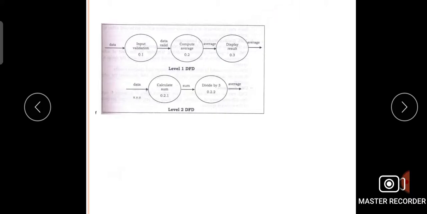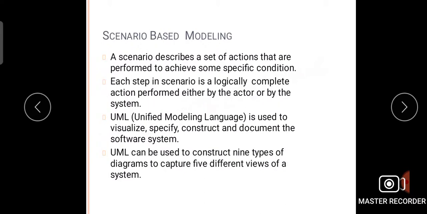Next, scenario based modeling. Scenario based modeling is a very important concept for the exam. In scenario based modeling, UML is the most important concept. UML stands for Unified Modeling Language.